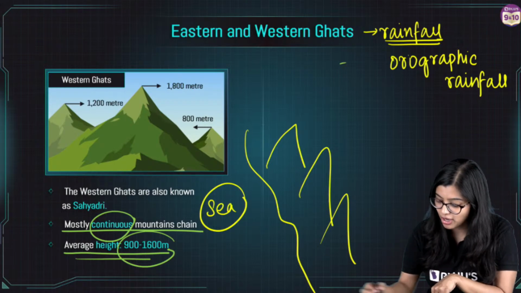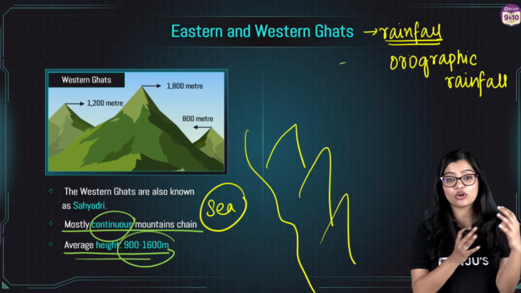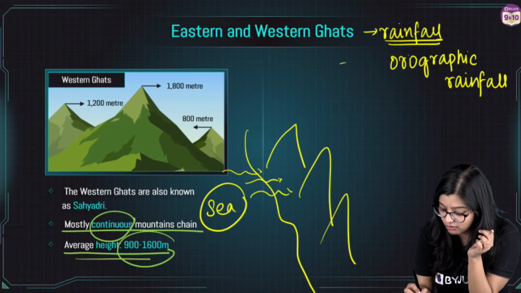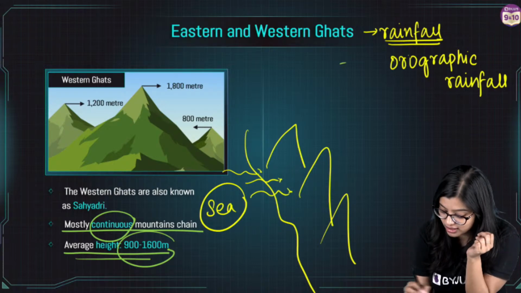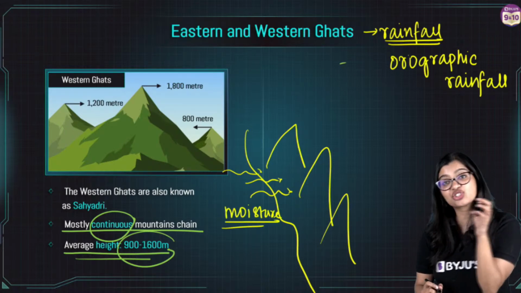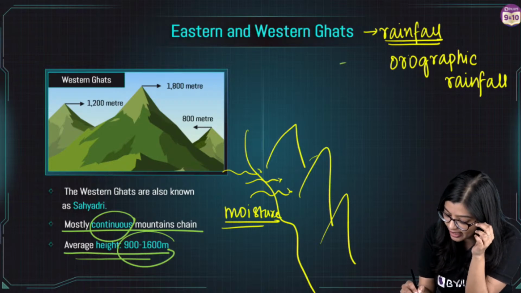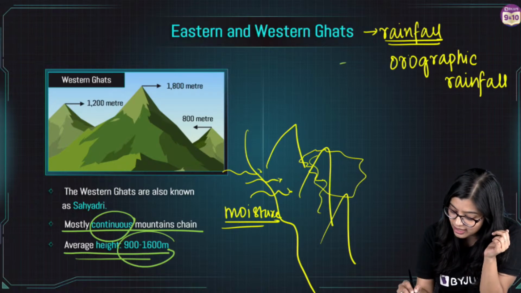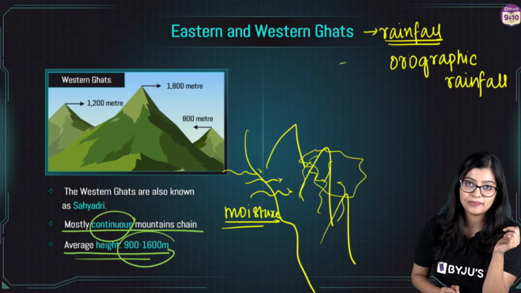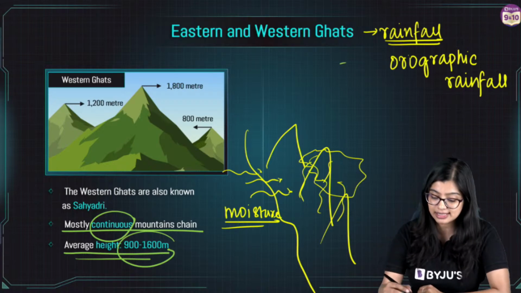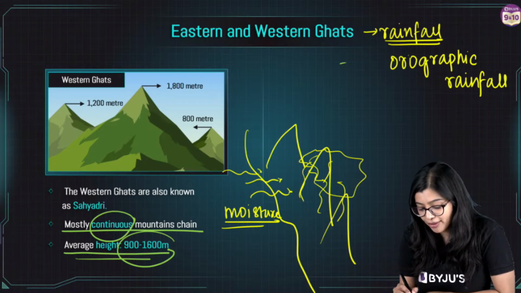Now in this process, what happens? A lot of winds bring moisture-laden air. When the winds strike the Western Ghats, there will be a downpour of rainfall, so the western part of the Western Ghats receives a lot of rain.